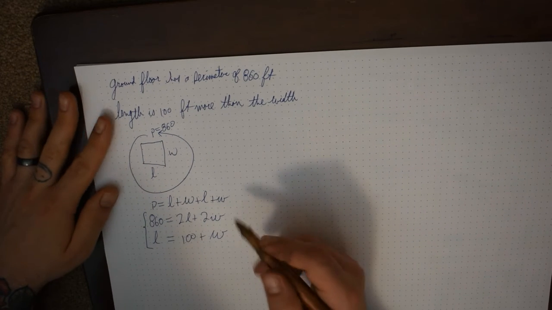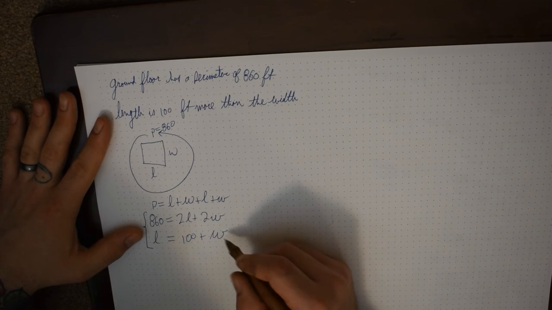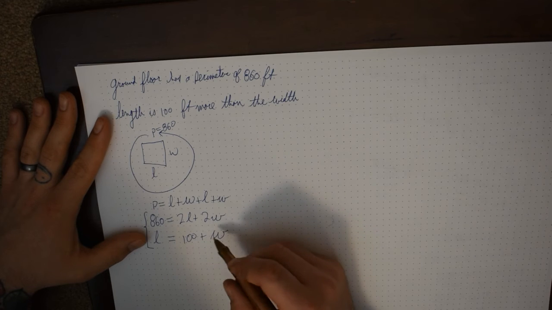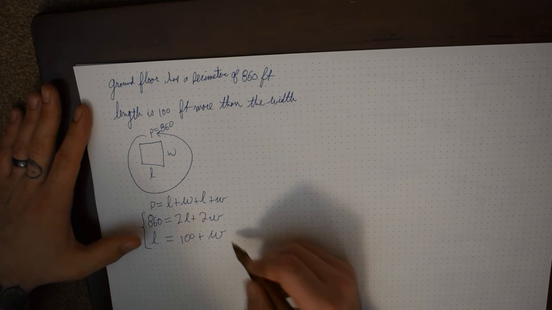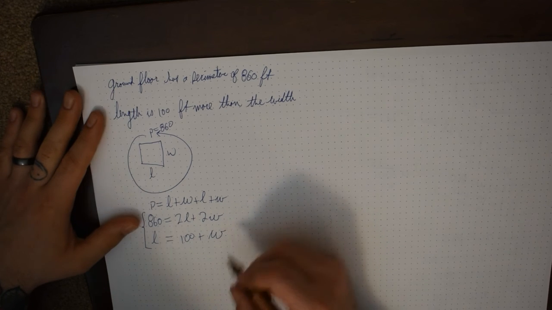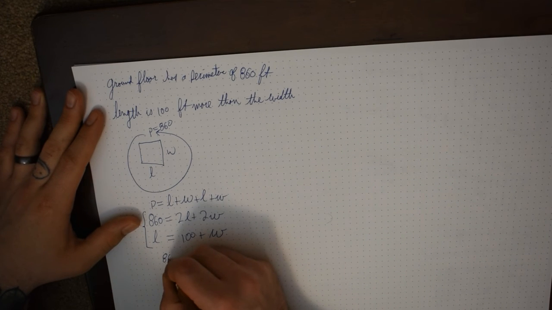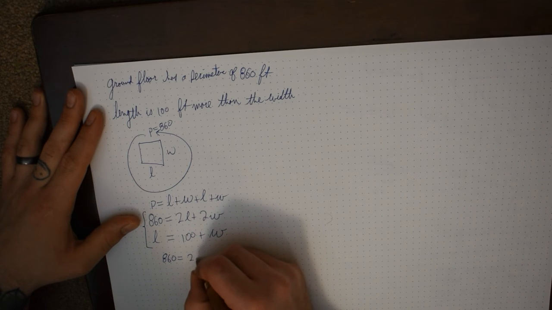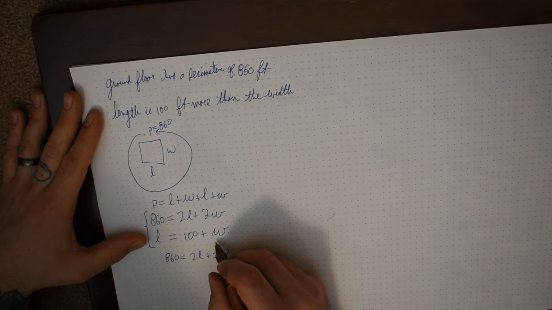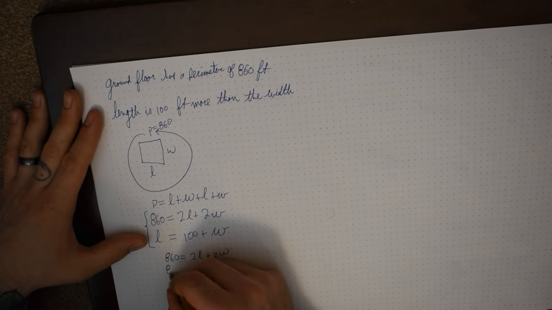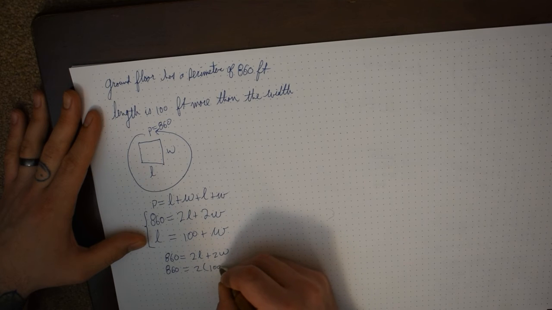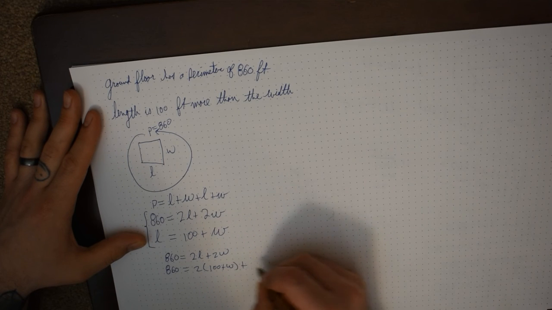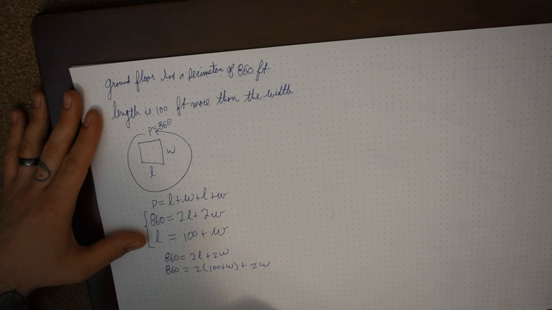Well, if you notice, this bottom equation is really geared up for substitution, it's got L solved for. So let's plug this bottom equation into the top equation. If we know that 860 is equal to 2L plus 2W, and we know that L is equal to 100 plus W, that means 860 has to be equal to 2 times (100 plus W) plus 2W.